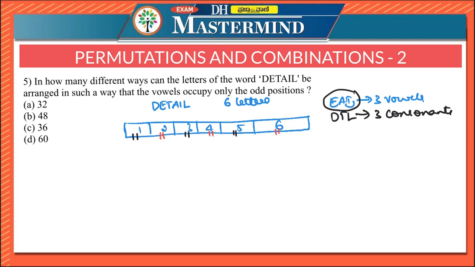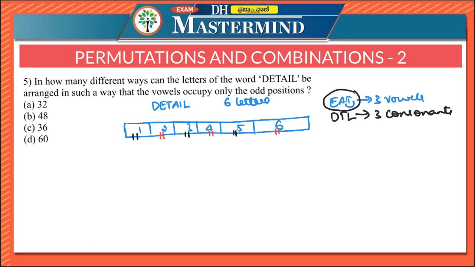So when we take up this particular condition in the problem, we will get to know that the 3 vowels EAI should be occupying only 1, 3, 5. So that means 3 letters to be placed among the 3 odd positions from the group of 3 letters.